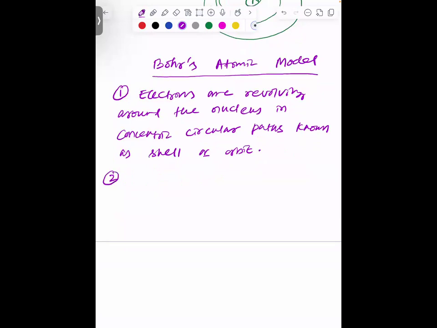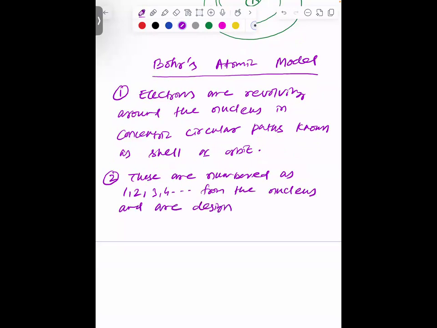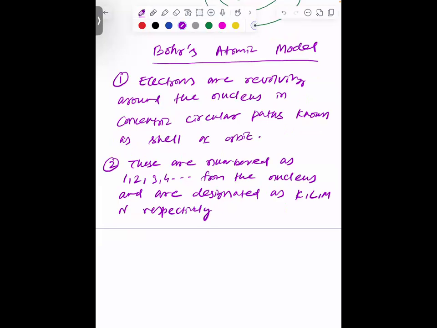Second postulate: these are numbered as 1, 2, 3, 4 from the nucleus and are designated as K, L, M, N respectively. This is the second postulate.